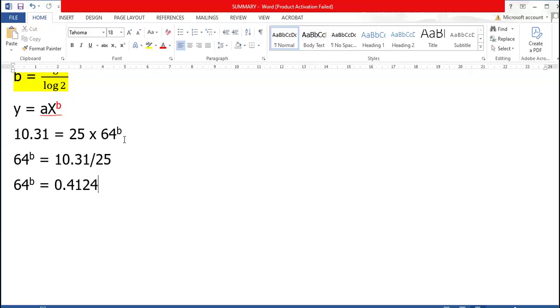Now once you reach, how can you get B? How can you get B? Colleagues, how can you get B? How can we get this B? Which idea can we use here? Which concept can we use here?